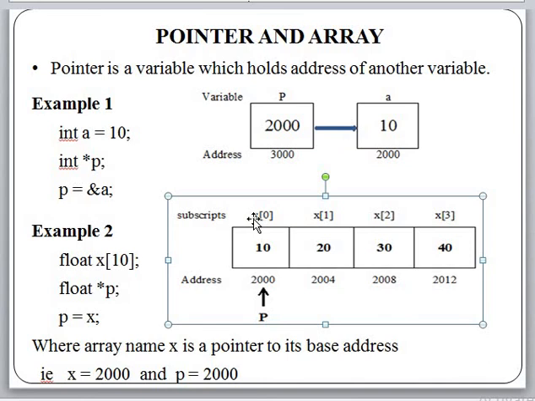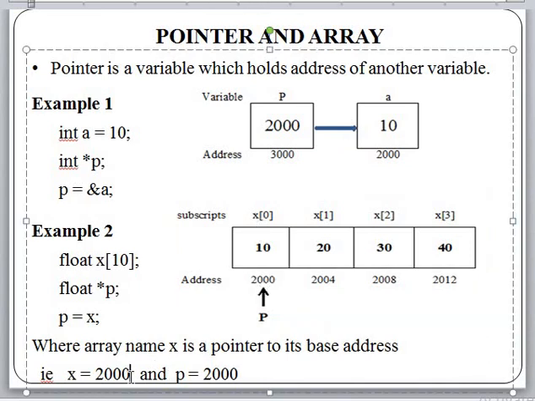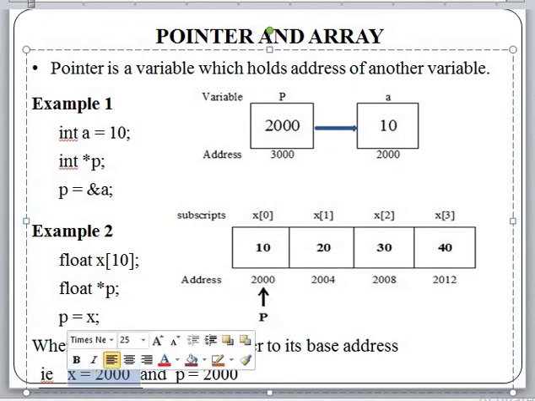Now in this case x is nothing but the base address. In my example, x has the base address. X is the array name, and the array name holds the starting address of the array.